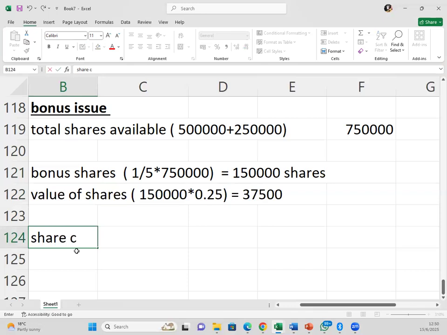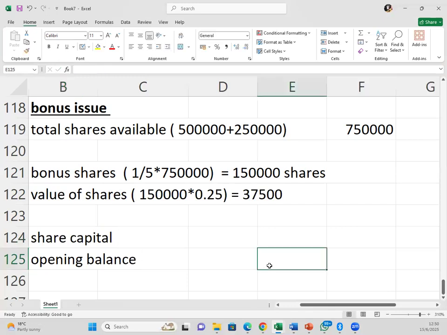So share capital, we had our original balance, the opening balance, which was 125,000.